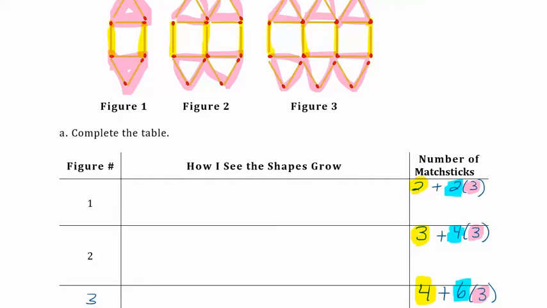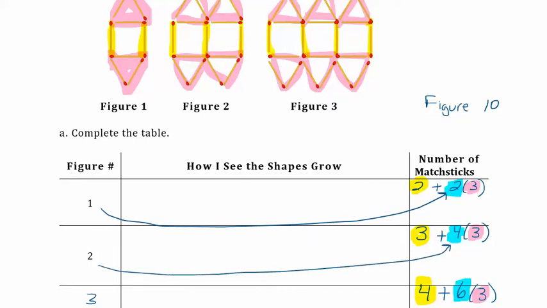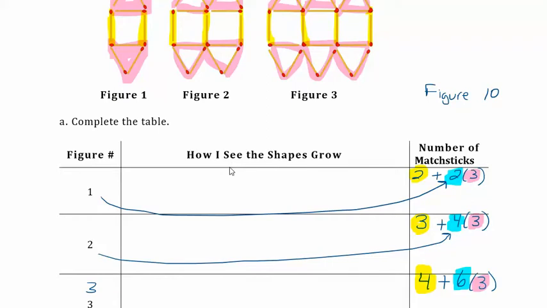But to write a formula or to figure out how many matchsticks will be in figure 10, what we really need to do is find a relationship between the figure number and this blue number. Maybe we'll complete this one together with figure 10, just so you can see this way of thinking. I had to put that 3 in there because we couldn't see it.